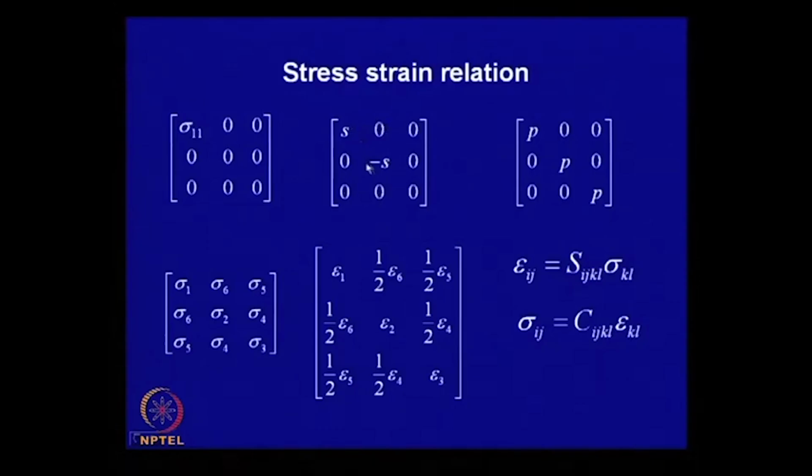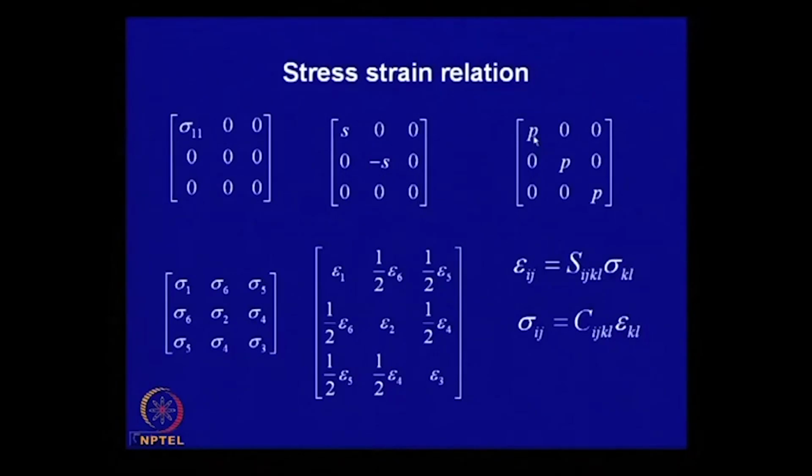What does this mean? It means there is no tensile component, it is shear, and later on we will see it is this shear stress component which is primarily responsible to cause plastic deformation in pure metals or crystals.